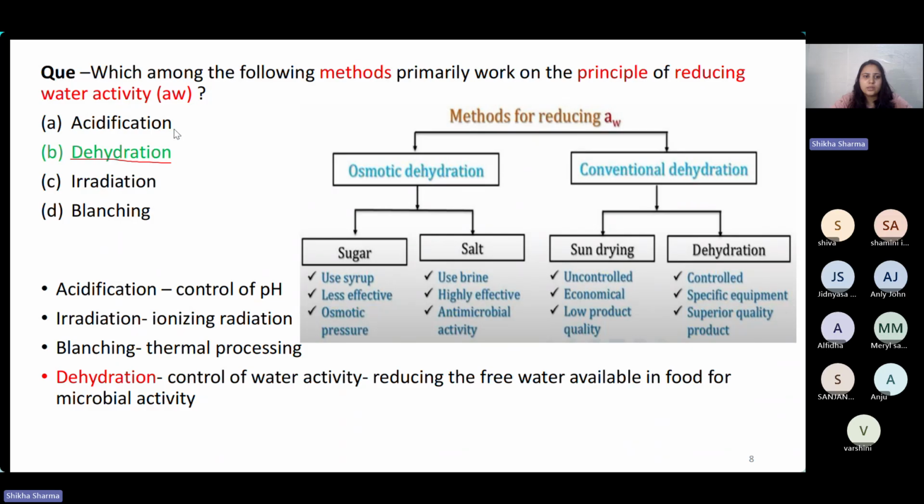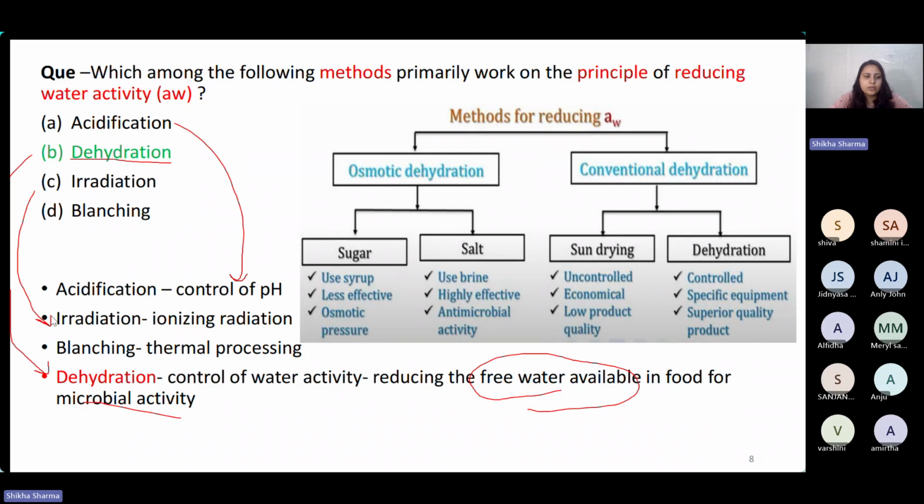So basically acidification is the control of pH method. Dehydration is the control of water activity, or reducing the free water available in the food for microbial growth. Irradiation is about ionizing radiation being used to inhibit the growth of microorganisms, whereas blanching is a thermal processing.